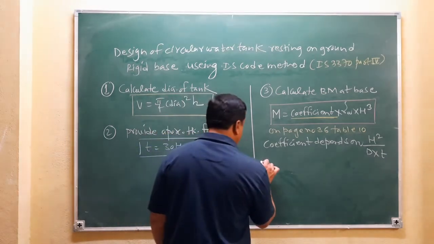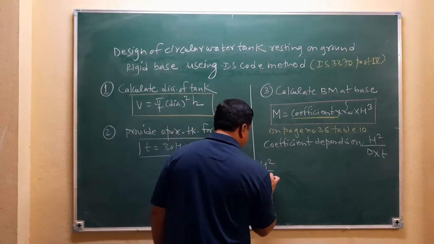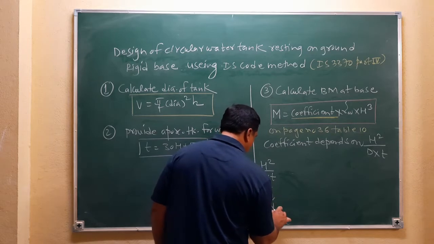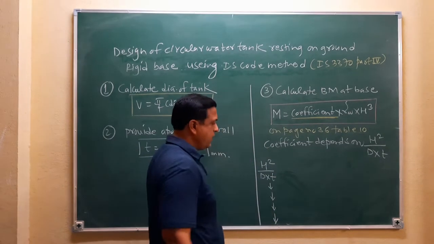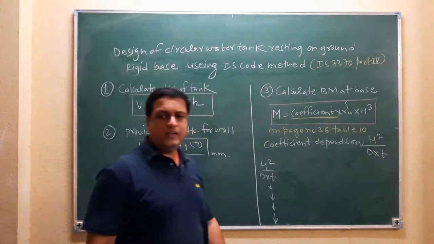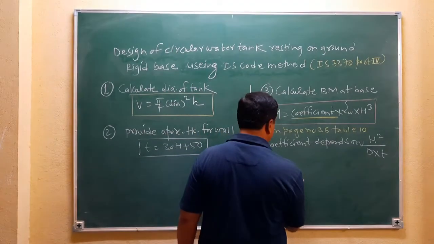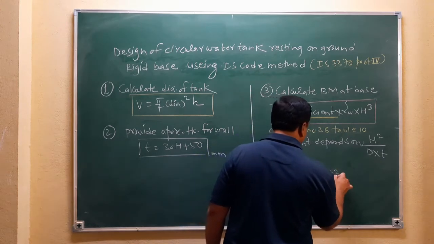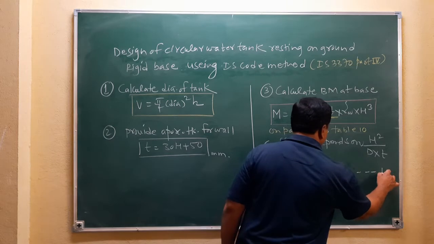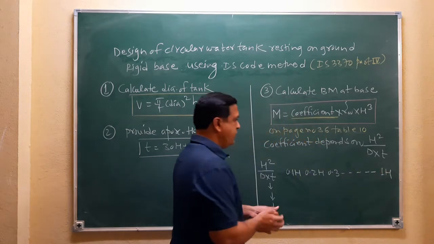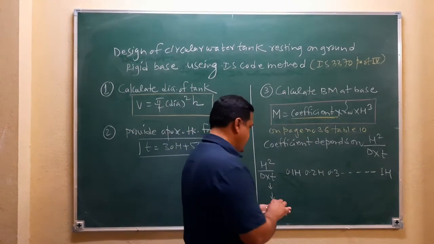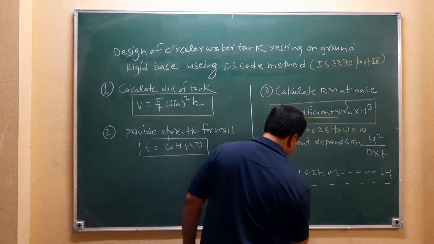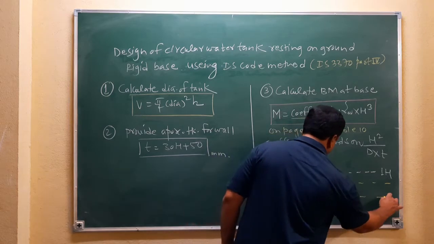In the first column, the h square upon d into t ratio is there, and on the horizontal side the coefficients are available for 0.1h, 0.2h, 0.3h, like this up to 1h. The coefficients are given like this in that table. So what you have to do?